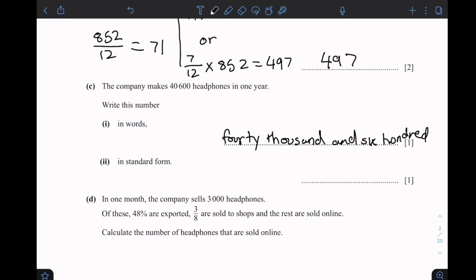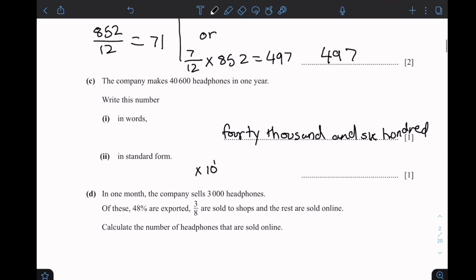Sorry about my handwriting. In standard form, you have to write this number so that it is a multiplied by 10 to the power of a number, and the number over here, if this is x, it should be between 1 and 10. Okay, so that number has to lie between 1 and 10.